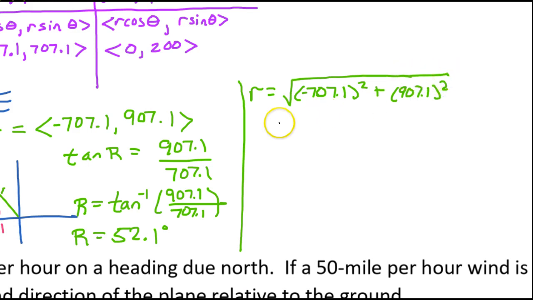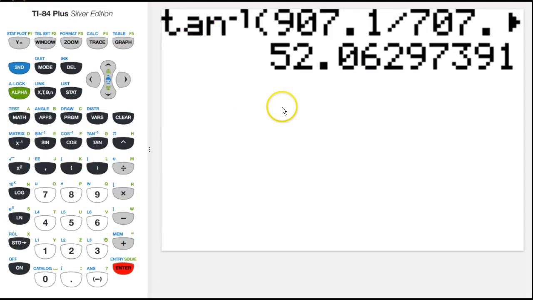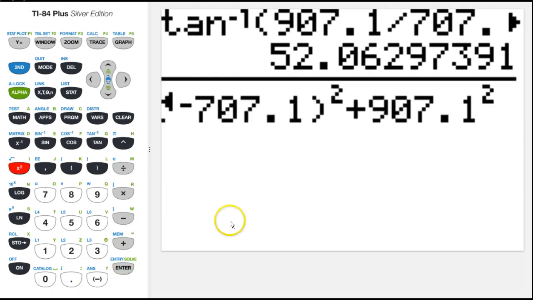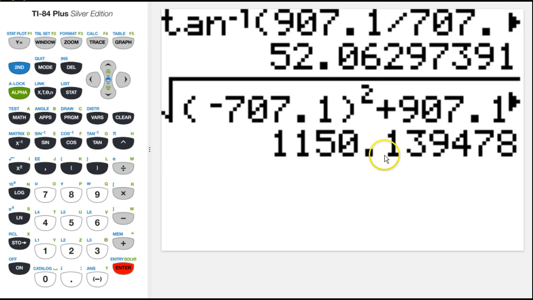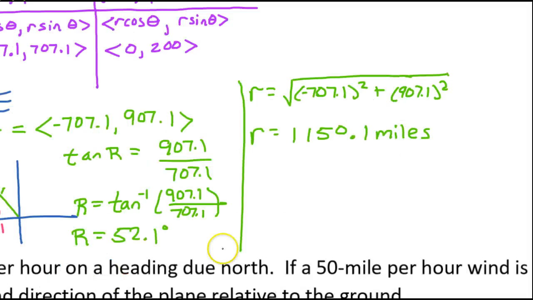All right, I just need to work this out. So my magnitude is going to equal, and I'm just going to punch this in the calculator. So here I've typed it in the calculator. Let's see what I get. 1150.1. So the final answer is that the magnitude is 1150.1 miles, and the direction is 52.1 degrees north of west.